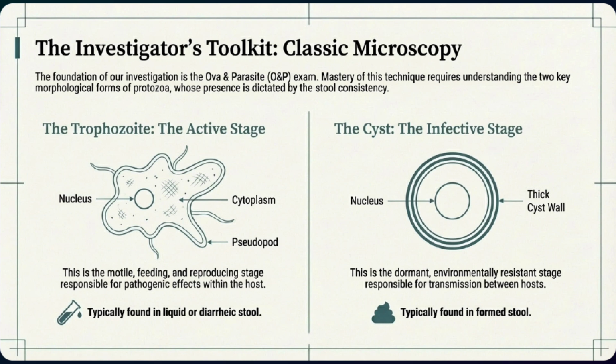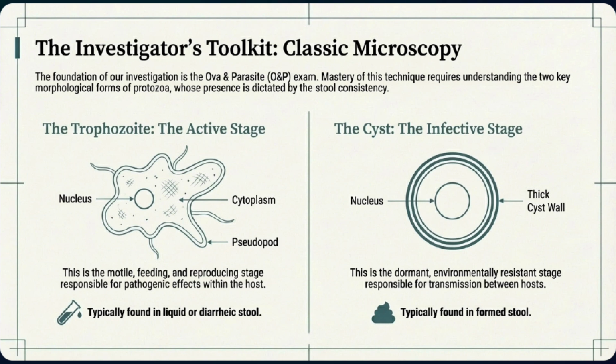One important aspect to understand when you look at a fecal sample and a smear is the difference between the trophozoite, which is an active moving stage, and the cyst. So the trophozoite is motile, feeding, and it also multiplies. It's typically found in liquid or diarrheal stool with rapid transit, and when it's exposed to oxygen and air, it very quickly changes into a cyst form, which is protective.